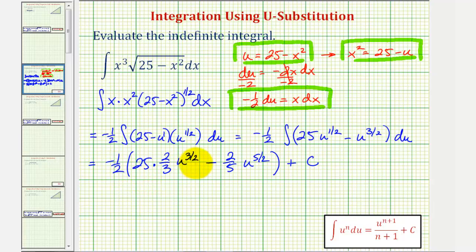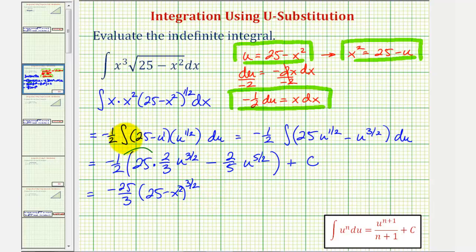Now let's go ahead and distribute. Notice in this first product, the 2's will simplify out, leaving us with negative 25/3, and then u to the 3/2, since u is equal to 25 minus x squared, would be the quantity 25 minus x squared to the 3/2.